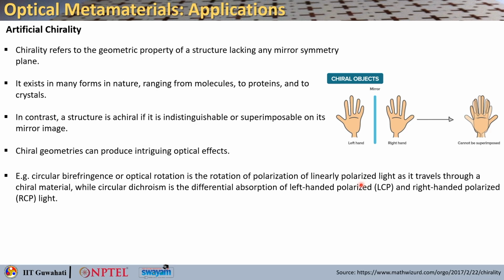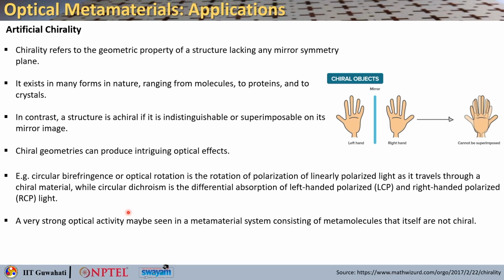And this rotation happens because the material has different refractive indices for the left and right circularly polarized light. So, birefringence means two different refractive index values, right. It also shows another important property called circular dichroism, which is the differential absorption of the left and the right circularly polarized lights.